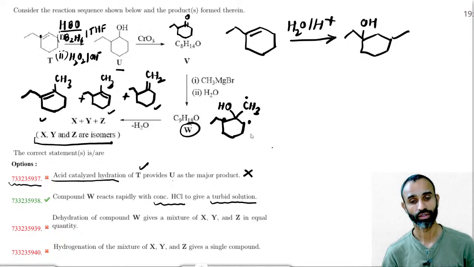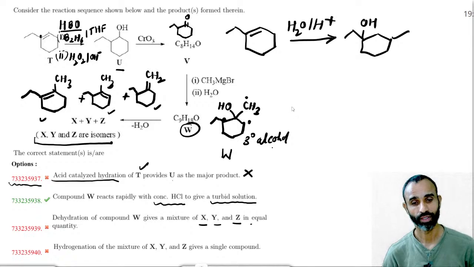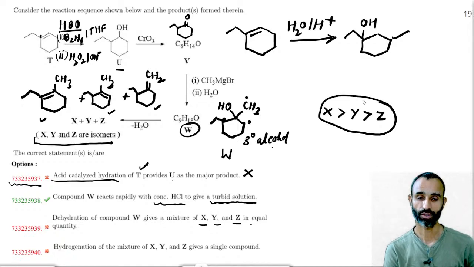Tertiary alcohol gives immediate turbidity. So it is right. Dehydration of compound W gives a mixture of X, Y, and Z in equal quantity. Wrong. X is more than Y, Y is more than Z, as per their stability order.